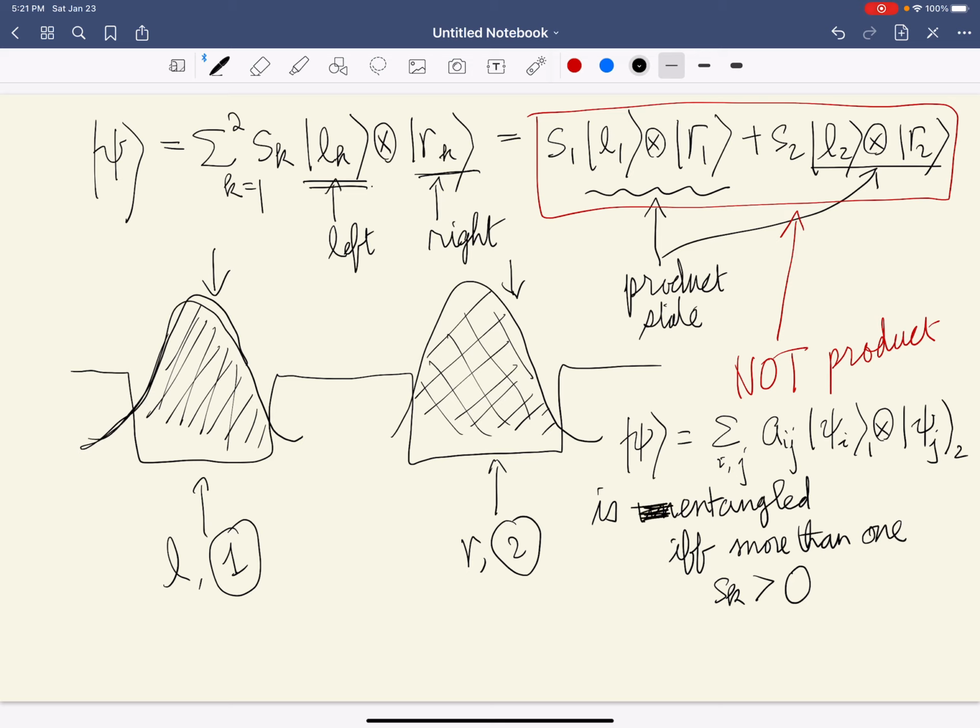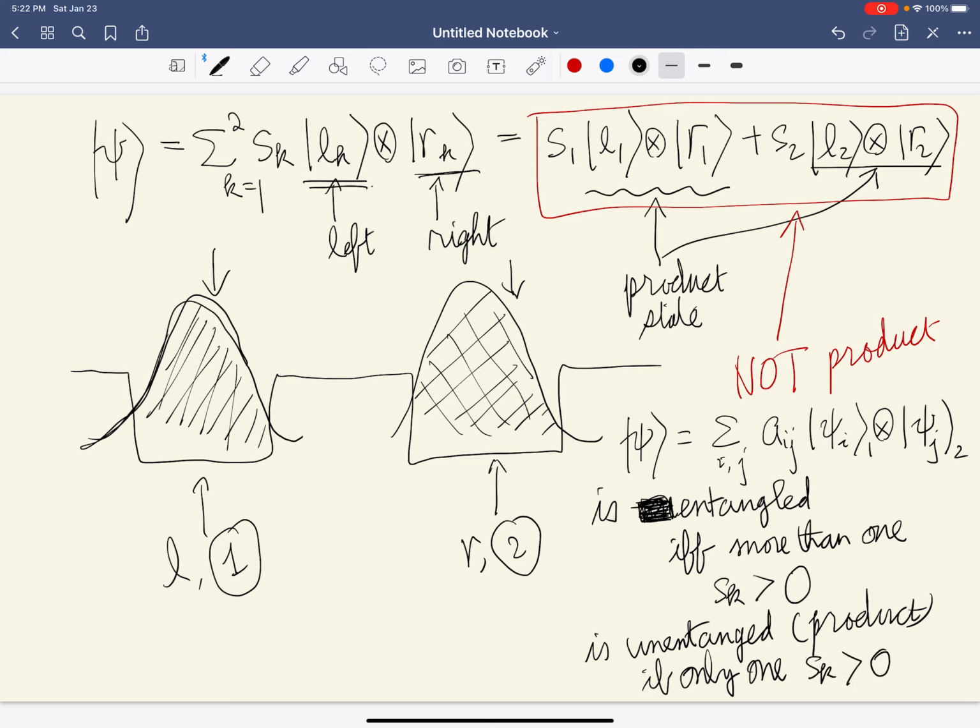Yeah, I'm getting confused. Too many negative words. It is unentangled, that is, it's a product state, if only one s is non-zero.